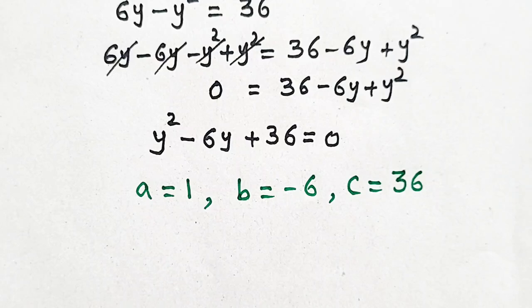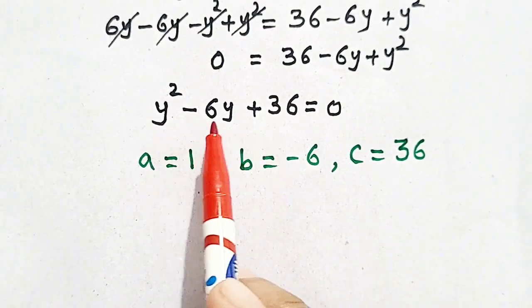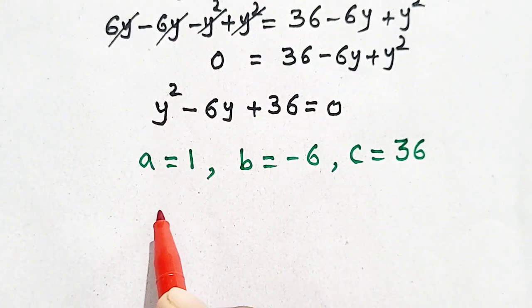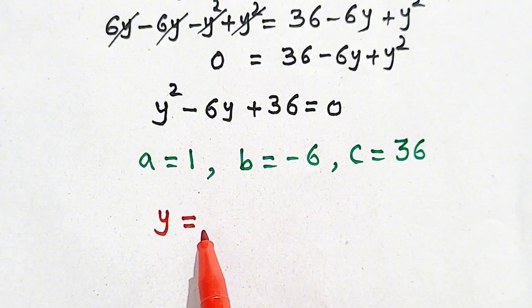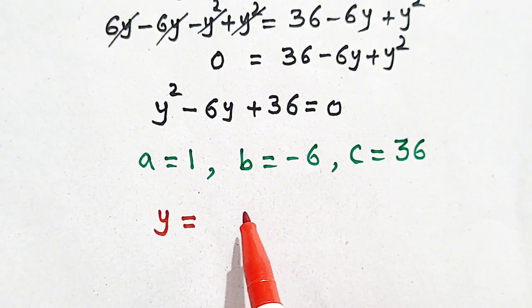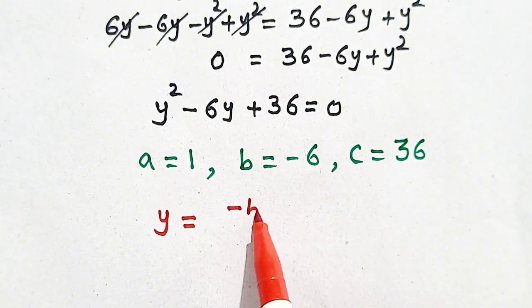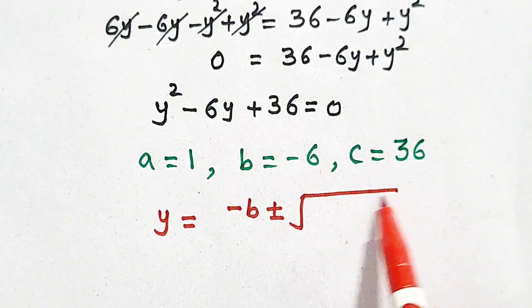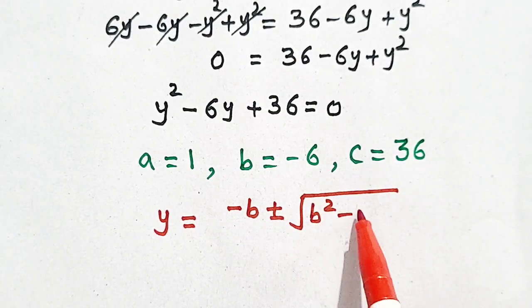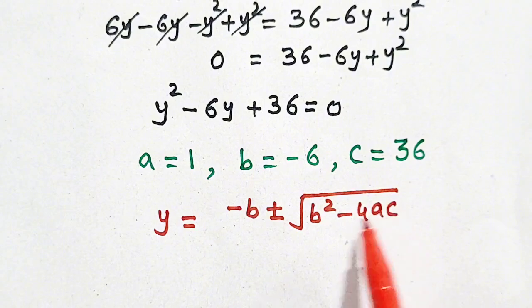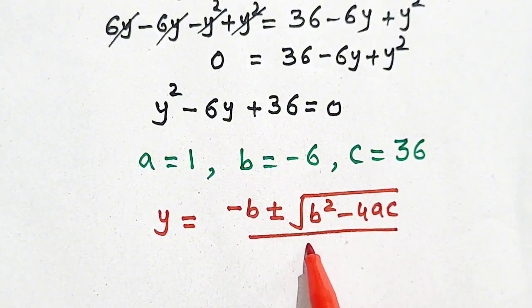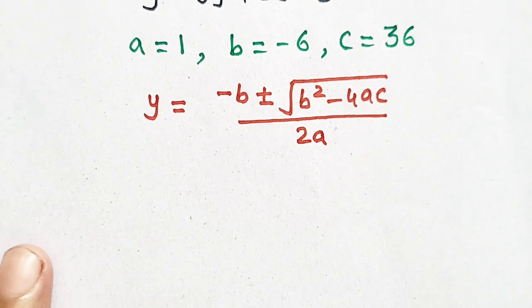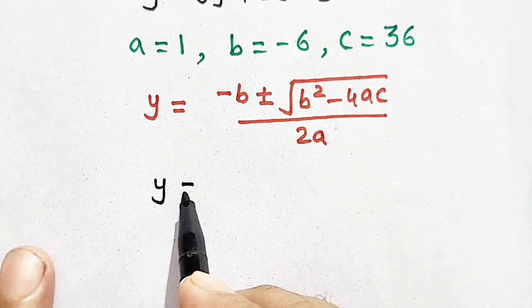The quadratic formula is, as this equation is in variable y, so y will be equal to minus b plus minus square root of b squared minus 4ac divided by 2a. So now put the values of a, b, c to get y.